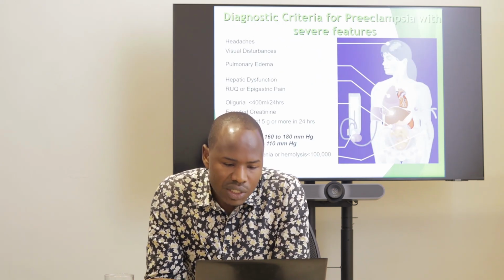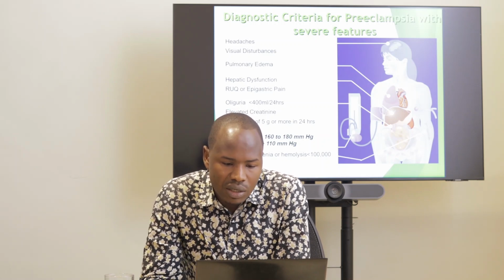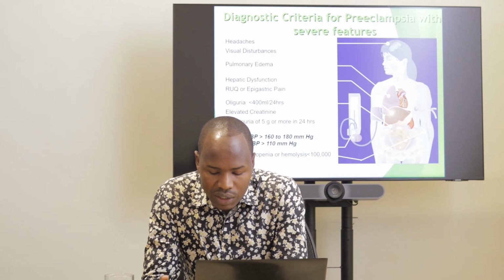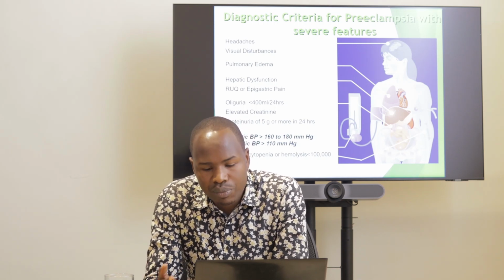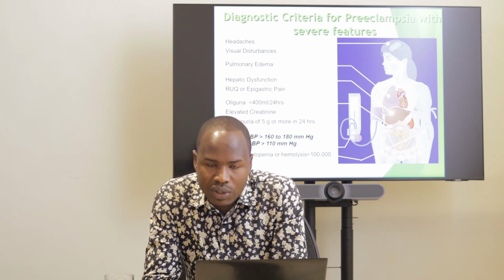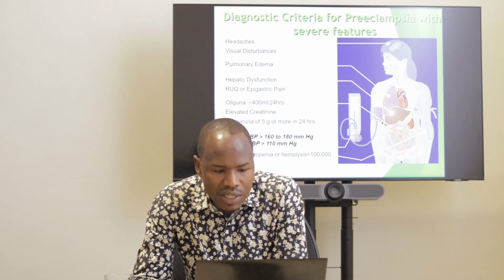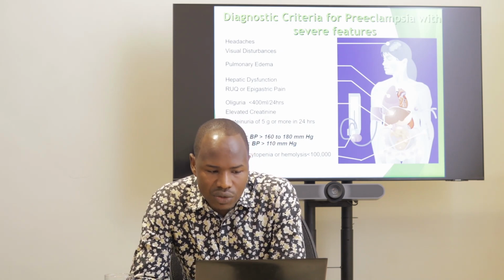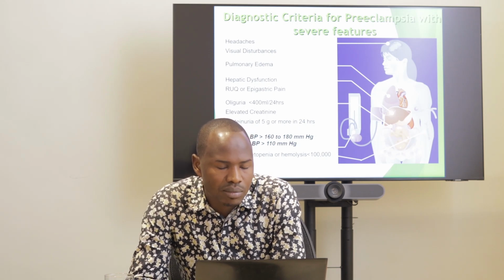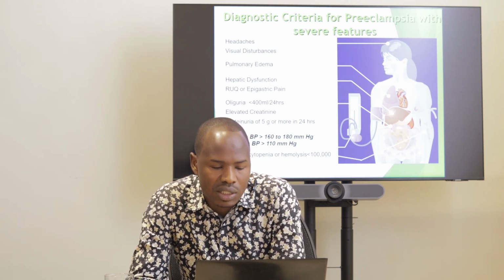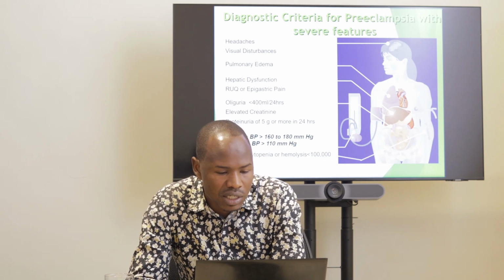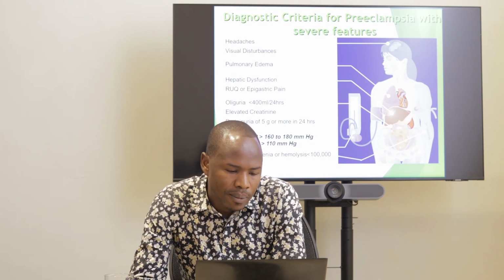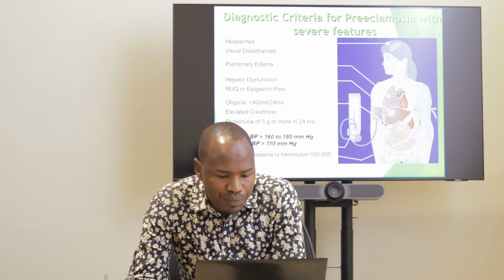So the diagnostic criteria for preeclampsia with severe features: you will have those features of preeclampsia without severe features plus headaches, visual disturbances, pulmonary edema, hepatic dysfunction, right upper quadrant or epigastric pain, oliguria, elevated creatinine, proteinuria.